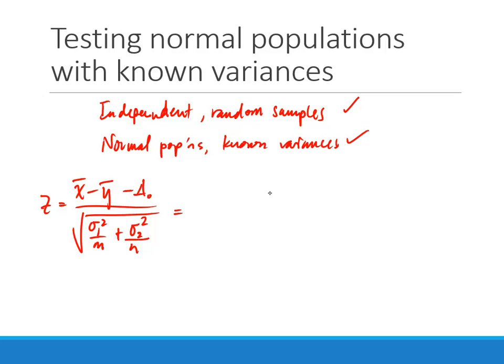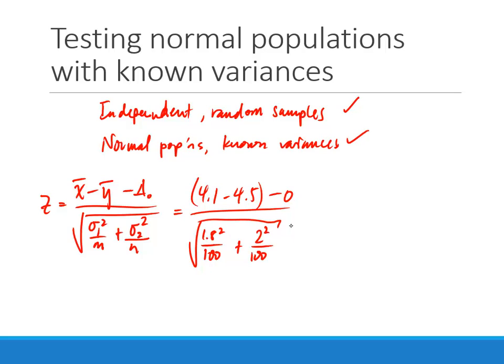So our sample means here we have 4.1 minus 4.5 minus 0. First standard deviation was 1.8, squared over 100, and our other variance was 2 squared over 100. And if you calculate this, you'll get a negative 1.49.